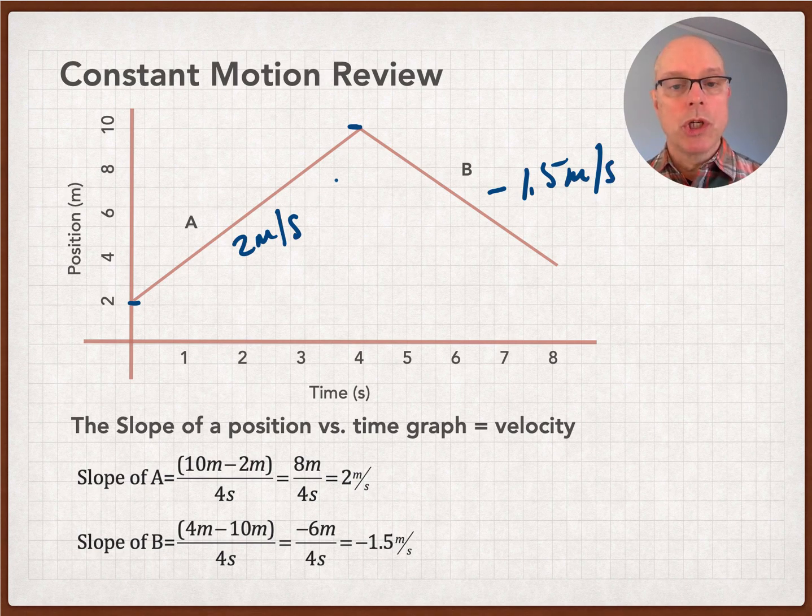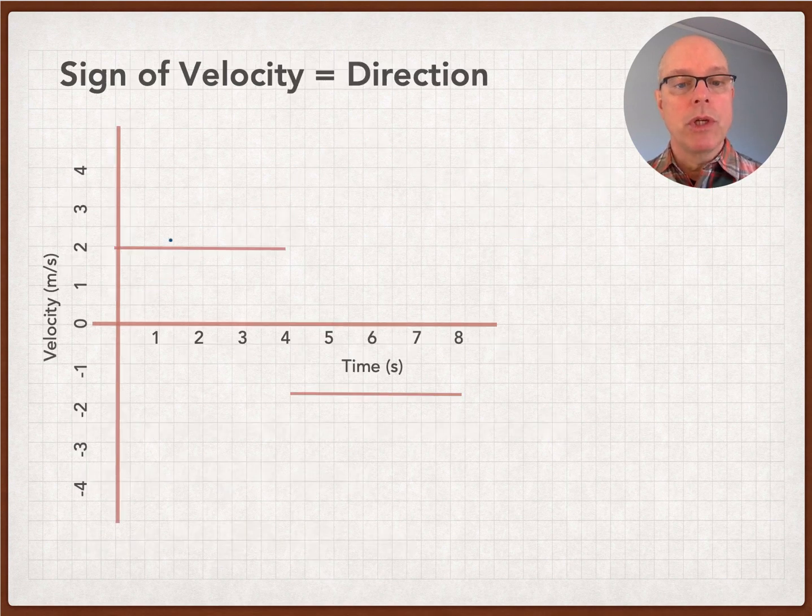What I want to do is show you how that translates to a velocity graph. What we do is very simple. We take these slopes that you just looked at and we use them. So the slope that we just looked at, where we said plus 2 meters per second, was constant. And if I change the graph from position to velocity, you're going to see that my plus 2 meters per second is just a constant speed, constant, so nice and horizontal and flat.